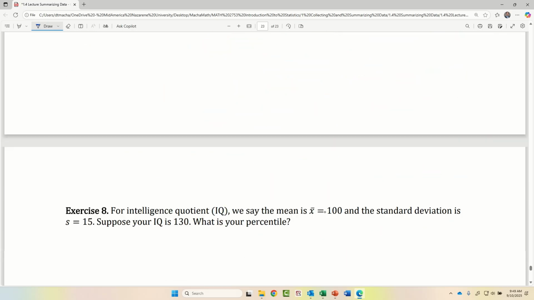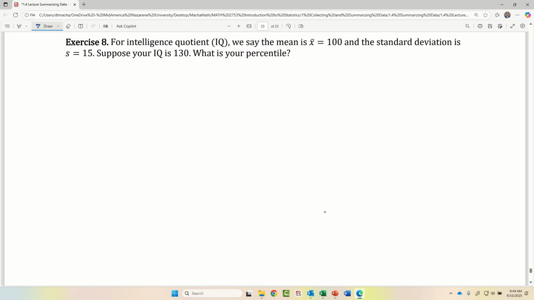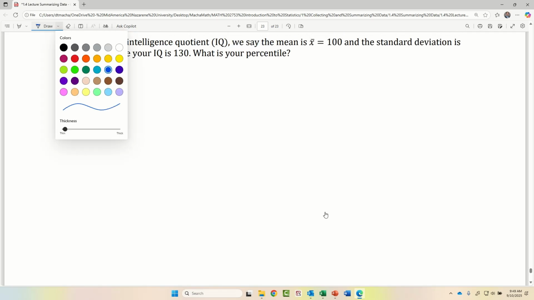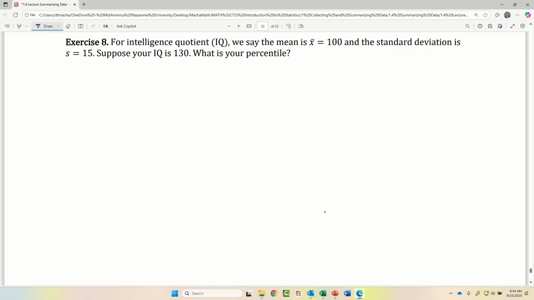Okay, let's do one more example. Maybe a few more examples if we have time. The next exercise says, for intelligence quotient, they design IQ tests so that the mean of the population should be around 100 and the standard deviation of the population should be around 15. That's the goal.